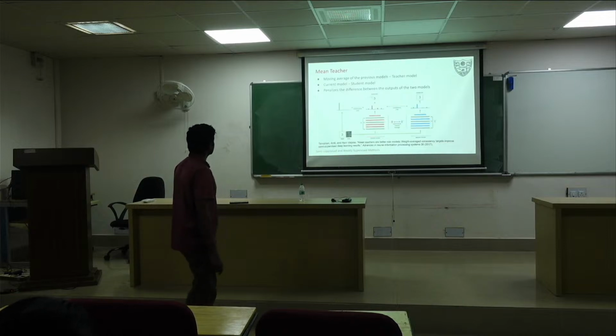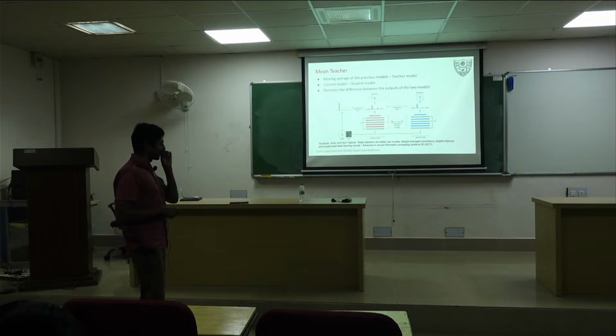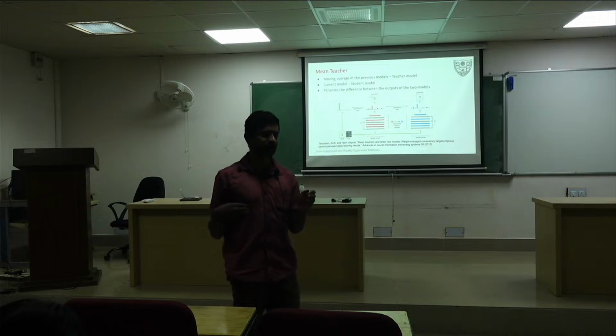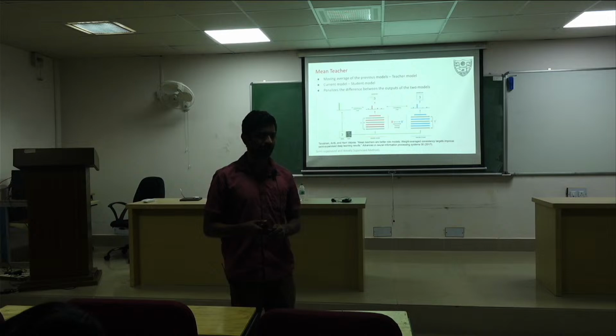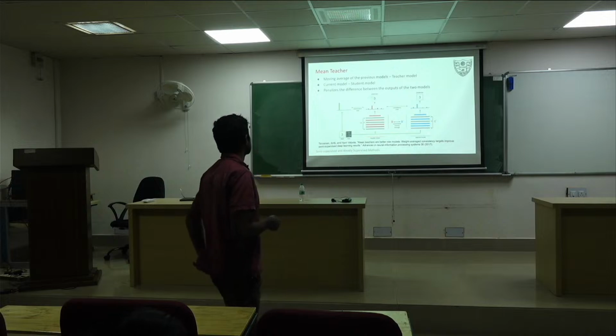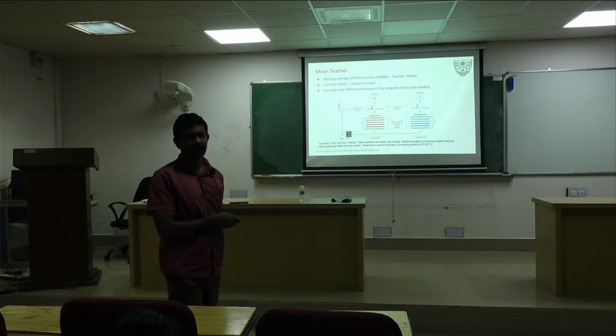I'll probably cover this. The problem with this moving average of models is that you need to keep a lot of models in memory and keep averaging those outputs. So this is a slightly improved version of that. There are two different networks: one is called the student model and one is called the teacher model. Of course, if you have labels, you just do cross entropy training.